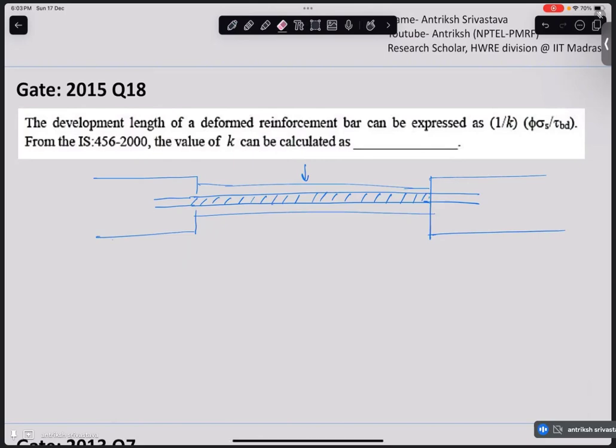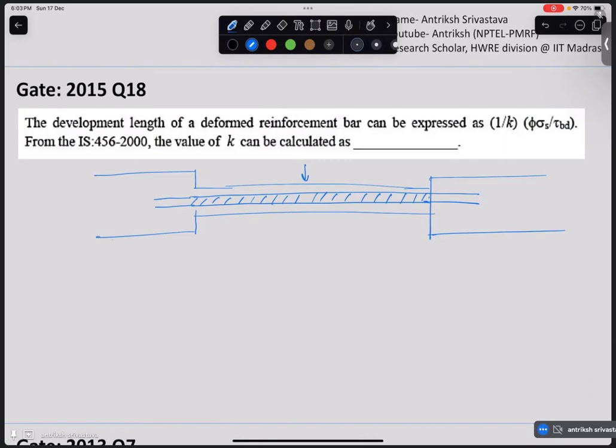So they are extended into the support to provide additional strength to the joint, apart from the strength the concrete provides. All right, so that is the reason why these development lengths are provided.